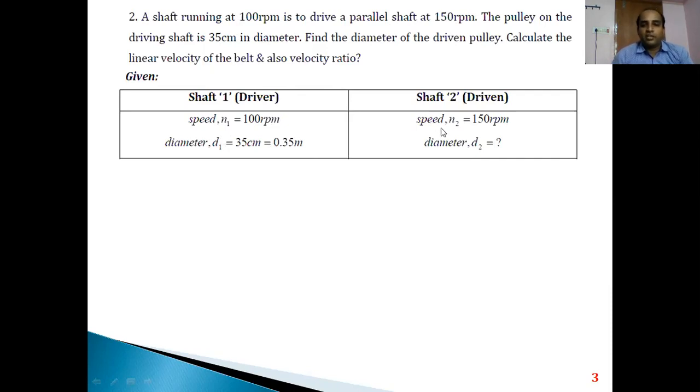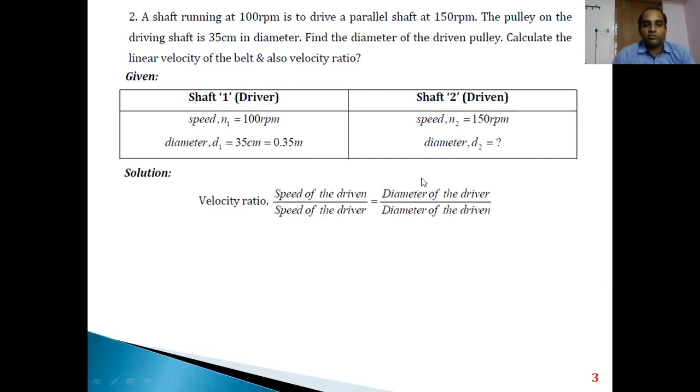First, let us find out the value of diameter d2 using the same velocity ratio equation, that is velocity ratio is equal to the ratio of the speed of the driven to the speed of the driver, which is equal to diameter of the driver to the diameter of the driven. So already we have categorized which comes under driver and which comes under driven.